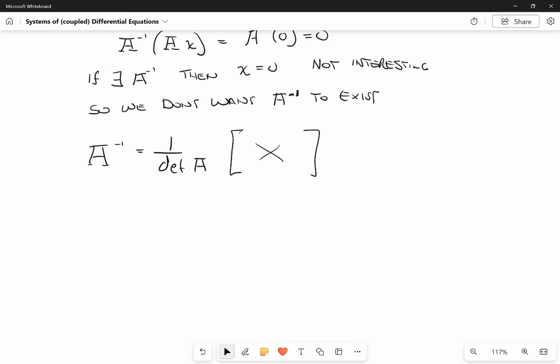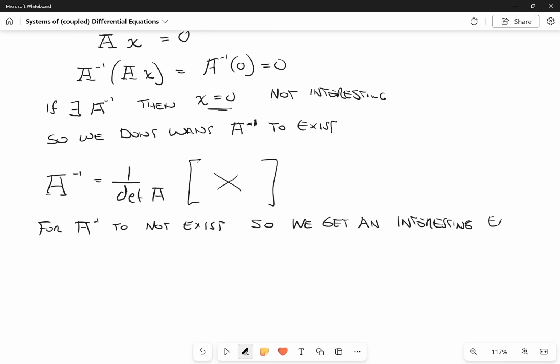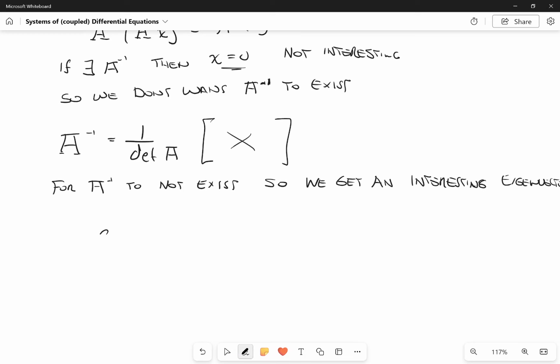So for A inverse to not exist, so that x is not 0, so we get something interesting, non-zero, that we'll call an eigenvector, the determinant of A must be 0.